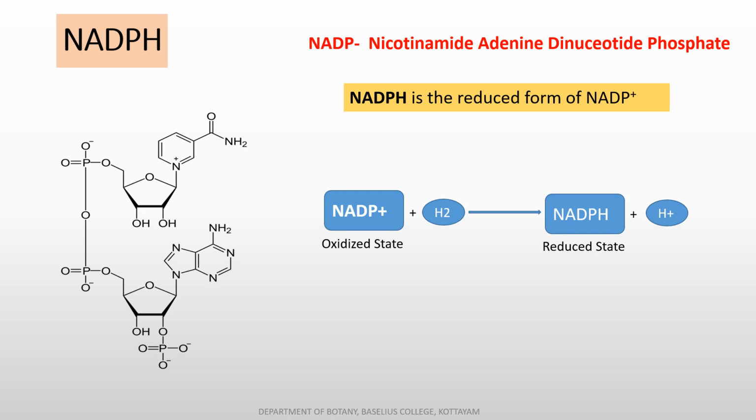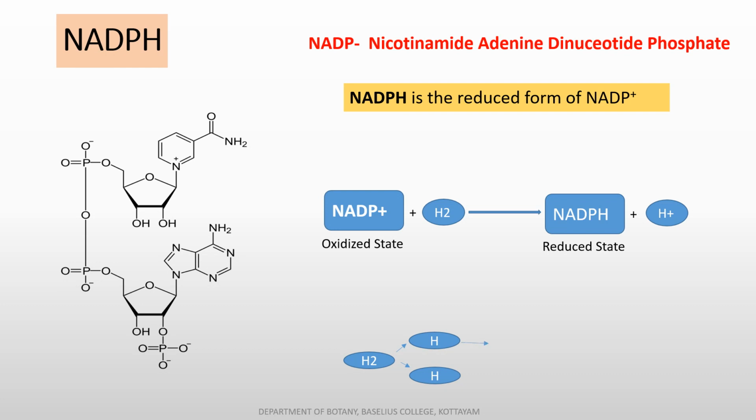Have a look at what happens during the reduction of NADP plus, then only you can understand. So here, all of us know a hydrogen molecule. This is a hydrogen molecule H2. A hydrogen molecule possesses two hydrogen atoms.